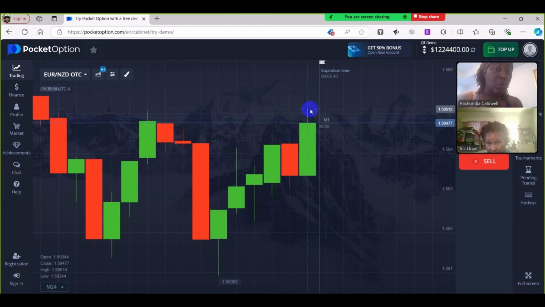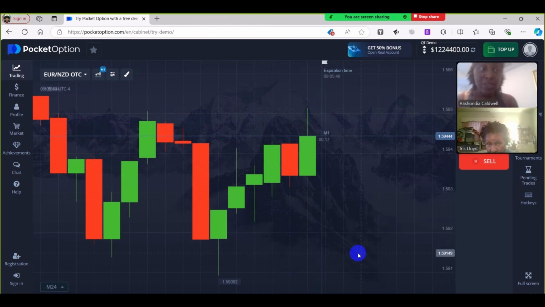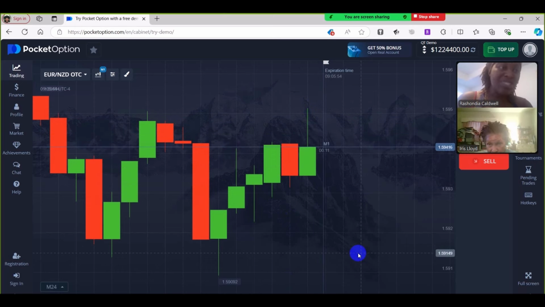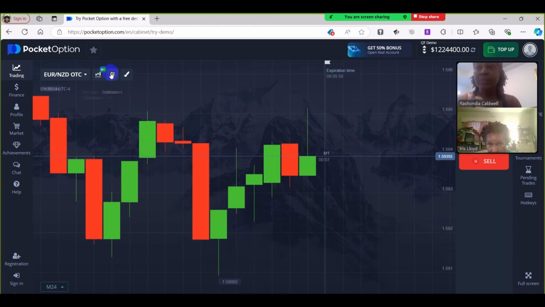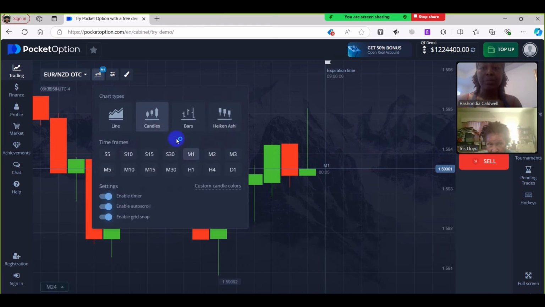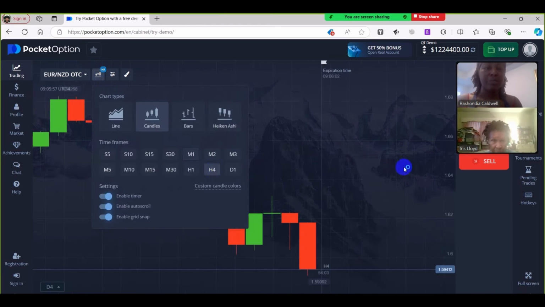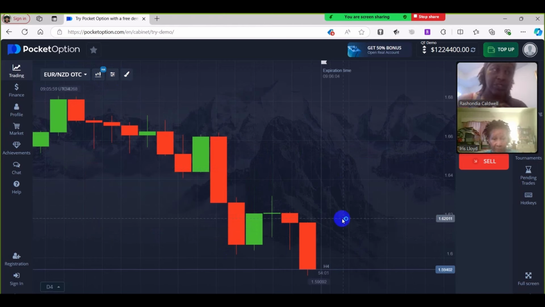This is where it stopped, and then it started doing a pullback, right? Now, if you look to the left, we ain't doing nothing but studying the candle, not even the pattern, just the actual candle, how it's being created. Now let me bring it up some so it's not a distraction.